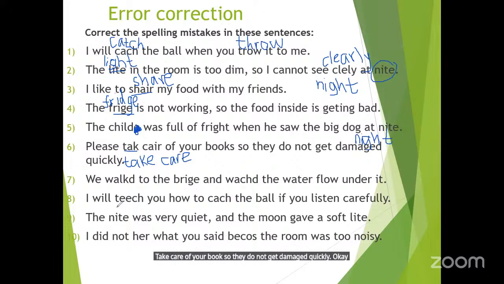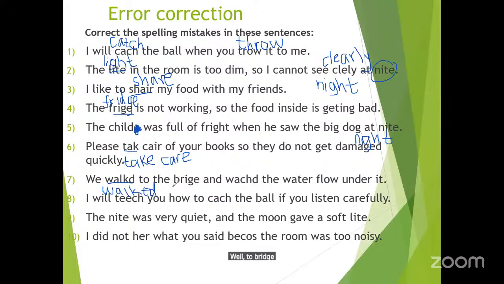Okay. Then number 7. We walked to the bridge and watched the water flow under. Walked is W-A-L-K-E-D. Walked.